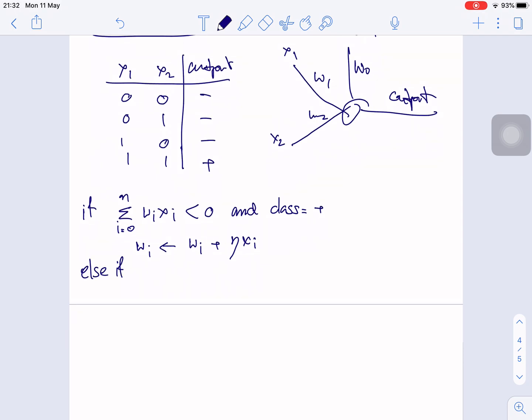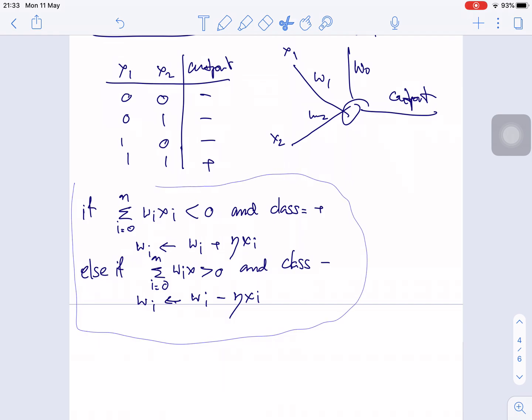Else if the summation is greater than 0 but the class is negative, you have to adjust the weight by minus eta times x. Else, no need to do anything.